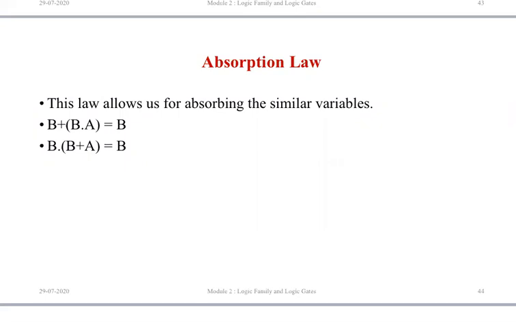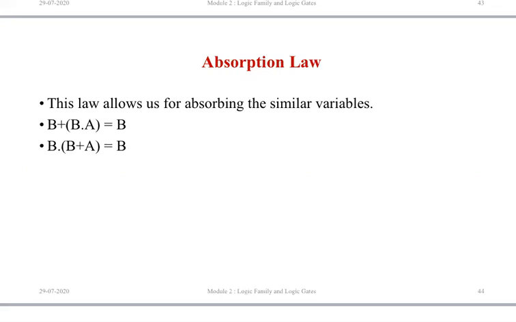Whatever is the value of A at the time, I am not bothered. See, if A is 0, what will happen? B into 0 is 0, so I have B plus 0, so that is B. Suppose A is 1, what will happen? It will be B plus B. B plus B is B, it is not 2B. So whatever is the value of the second variable, the similar variable is my answer.